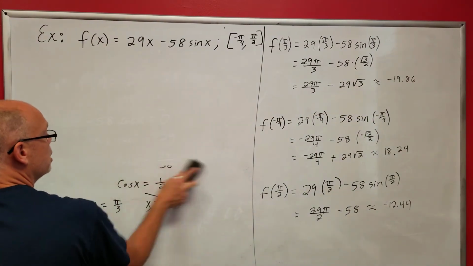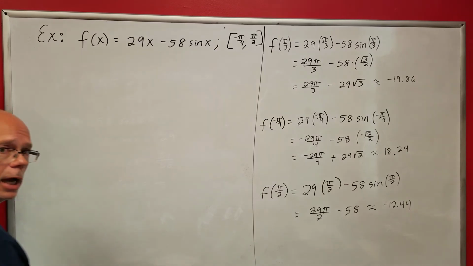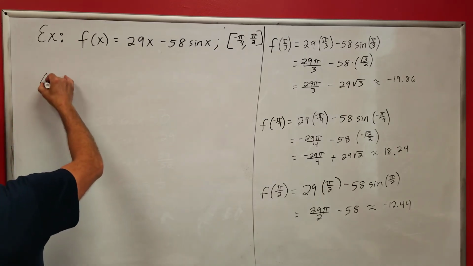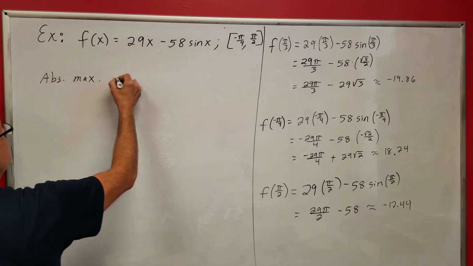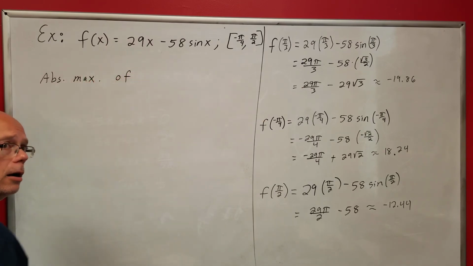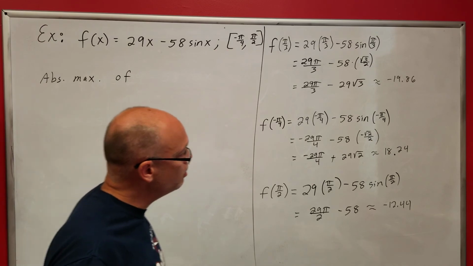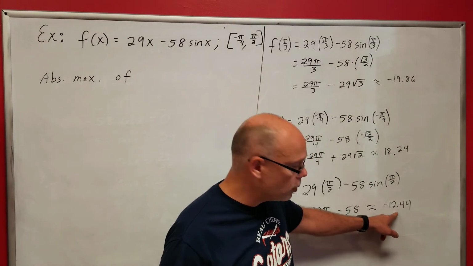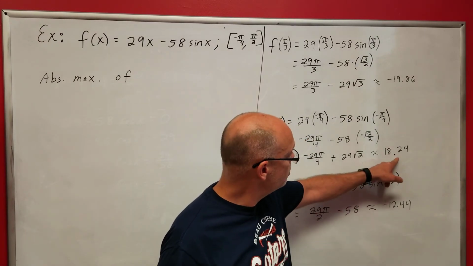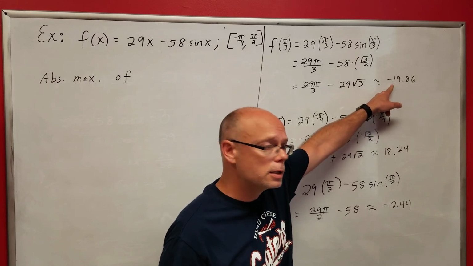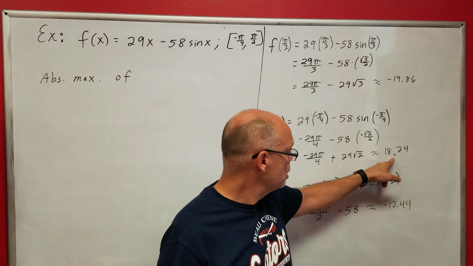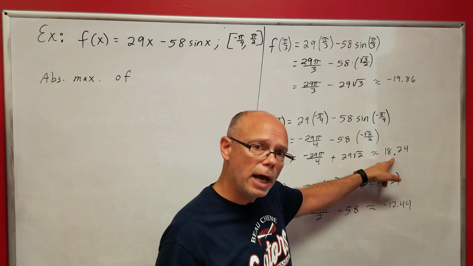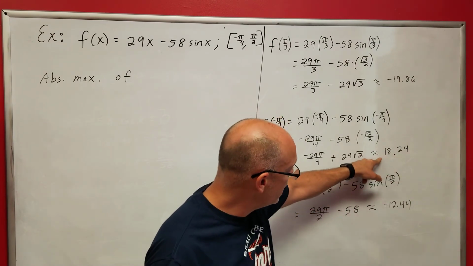All right, so what am I looking for here? I'm looking for the absolute max and absolute min. So I'm going to have an absolute max of, what's the greatest output here? Negative 12.44, 18.24, or negative 19.86? 18.24, right? So that's going to be my max. But I want the exact value, because this is rounded.